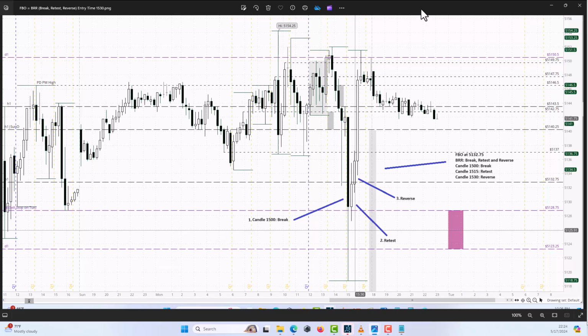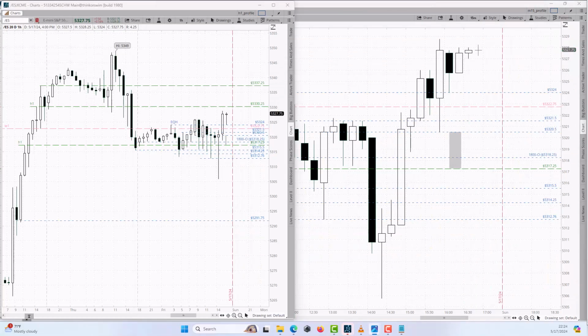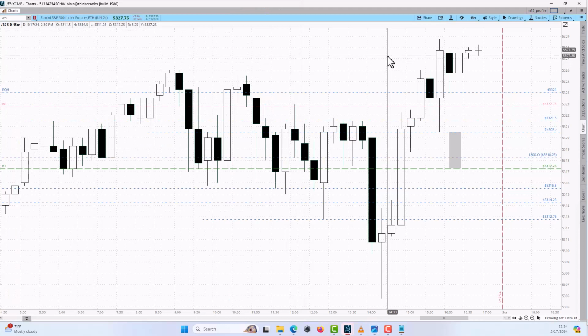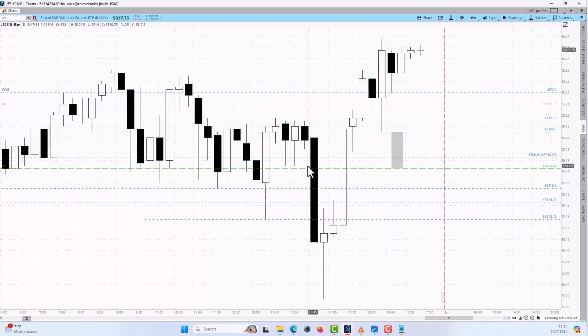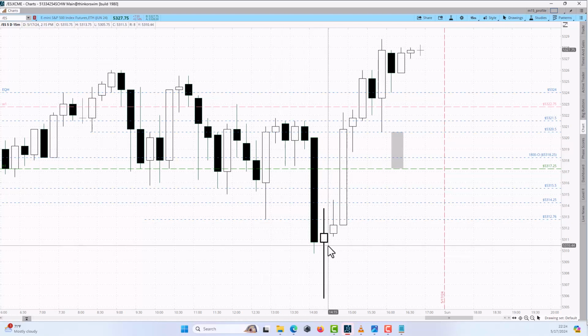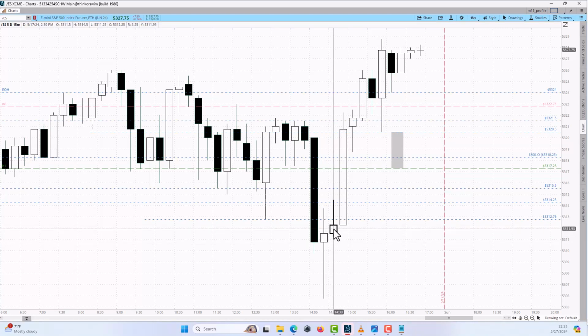Today we have a very similar scenario. I mean, almost identical, but the timing is a little bit different. You see that? It also breaks at this level right there. It breaks the level, it retests from below. But for today, better, it retests twice.